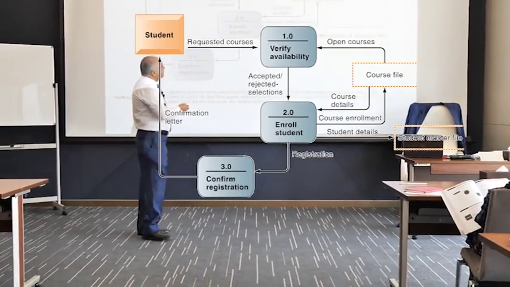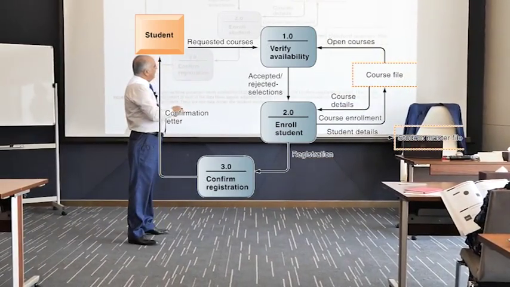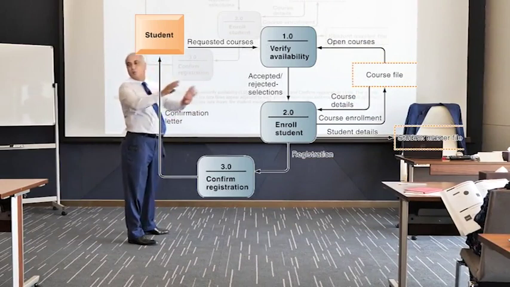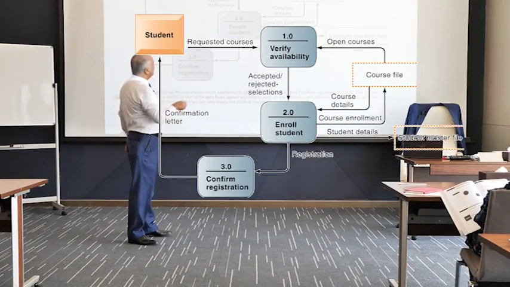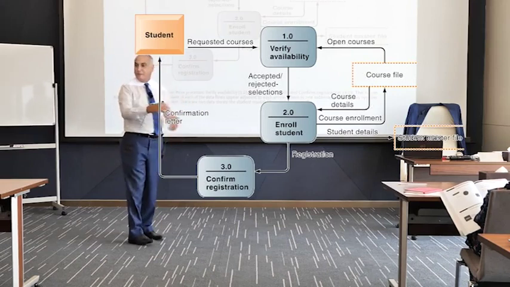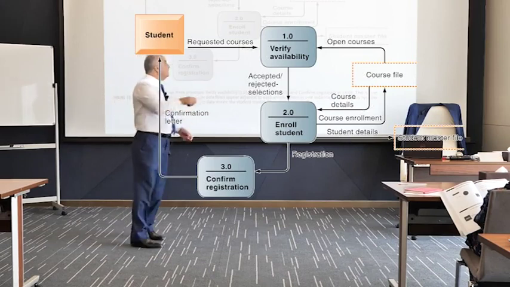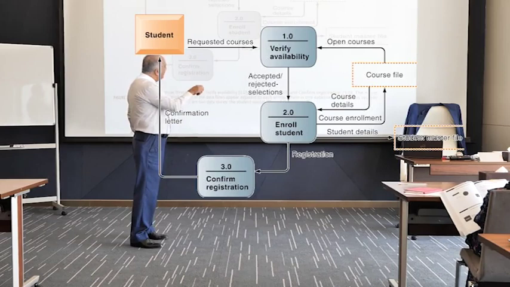I need a student master file, which says that this student is enrolled in this course. So in this case, I need the course details, information about the course, which is course name, course ID.